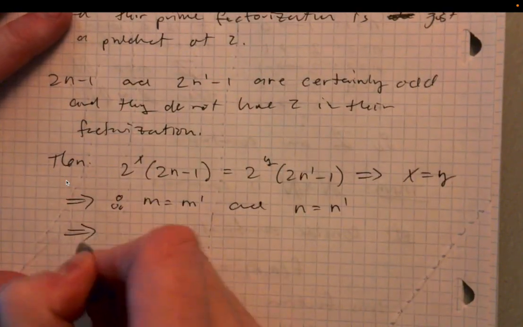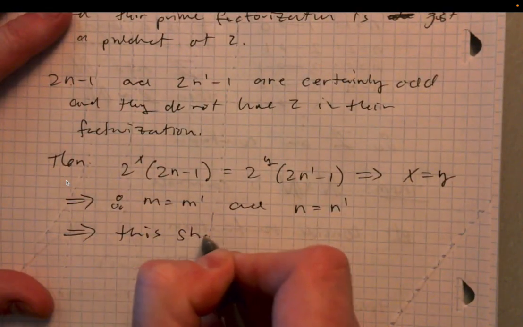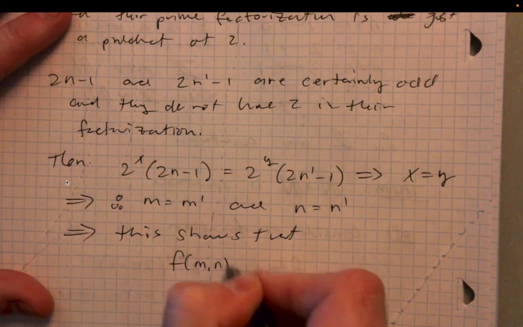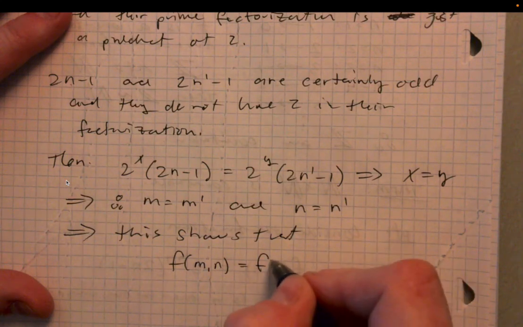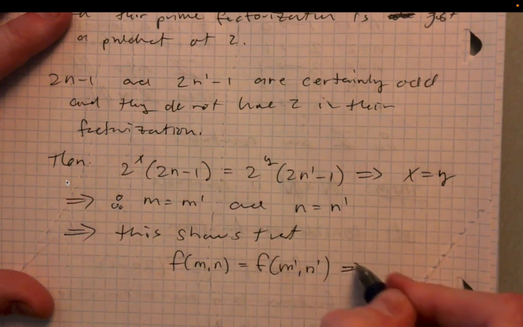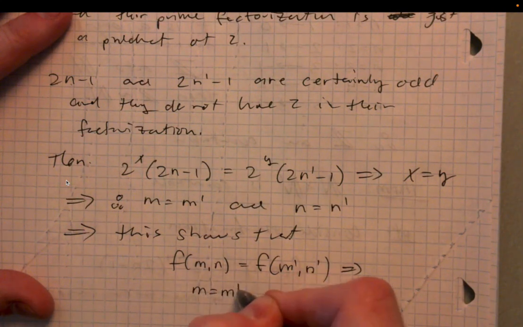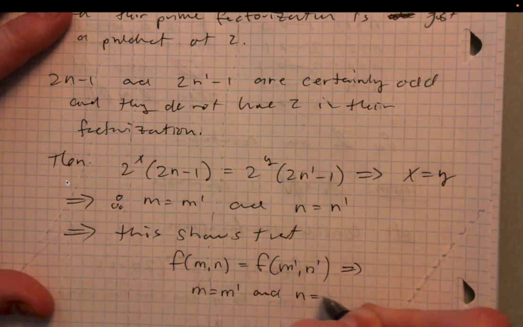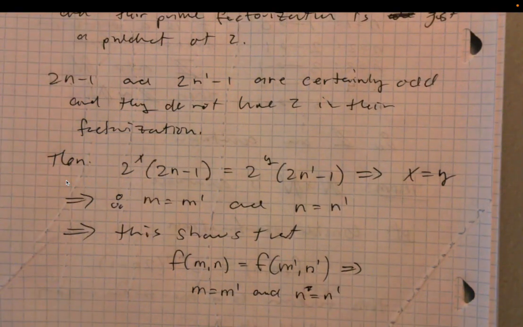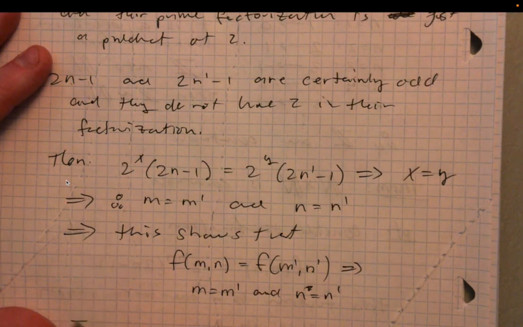So this shows that if f of m comma n equals f of m prime comma n prime, then m equals m prime and n equals n prime. Okay, very good. So this shows one-to-oneness.